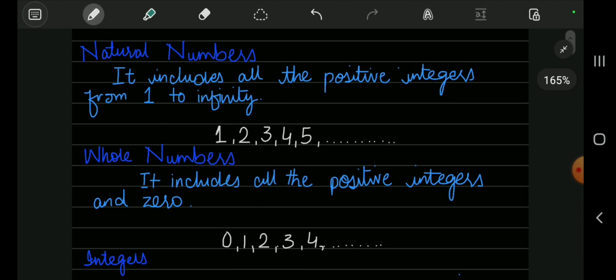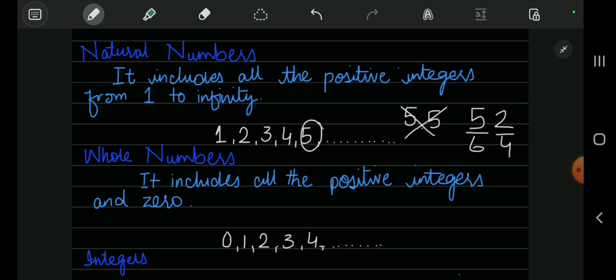I don't need to write this, but natural numbers and whole numbers cannot be written in decimal or fraction form. They are whole numbers, not decimal numbers. These are not included. Also 5/6, 2/4, whatever the fractions, these are all not included, as fractions and decimals are not included in integers as well.